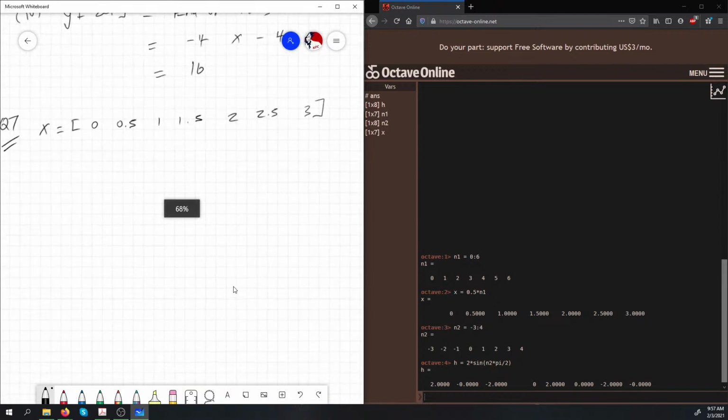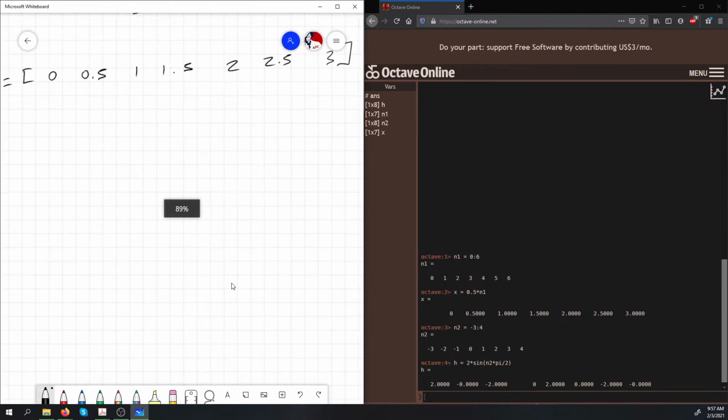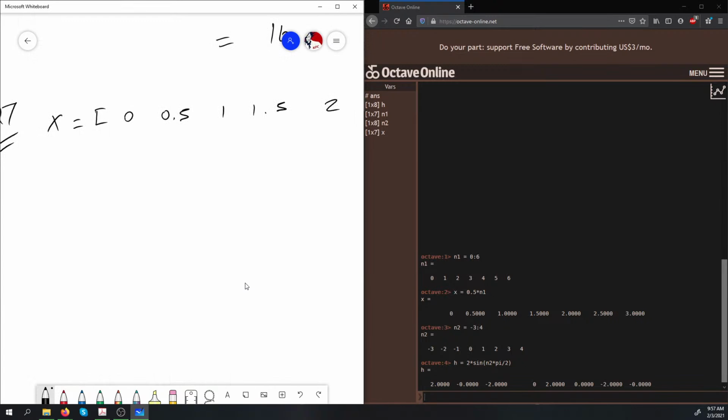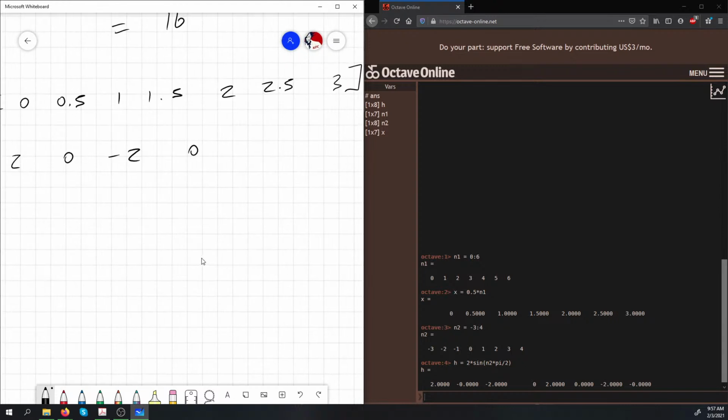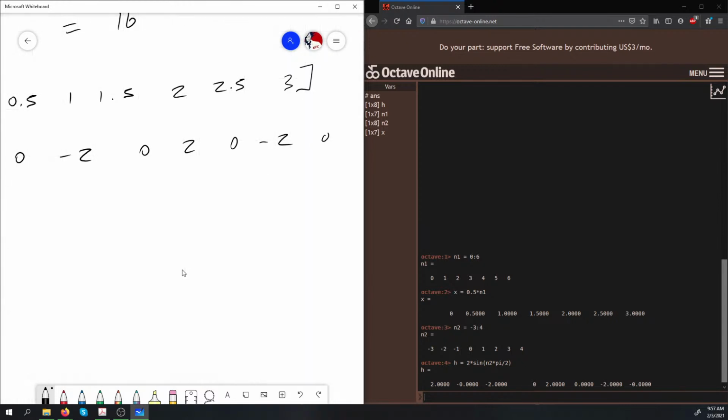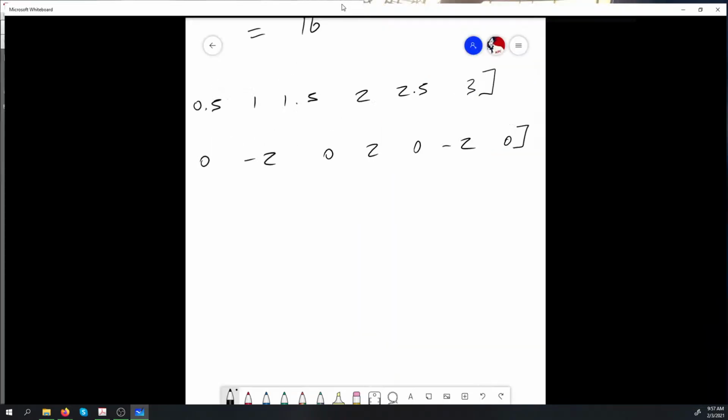And I also have my h vector here, which is 2, 0, minus 2, 0, 2, 0, minus 2, 0. Good. Just minimize this Octave for the meantime.